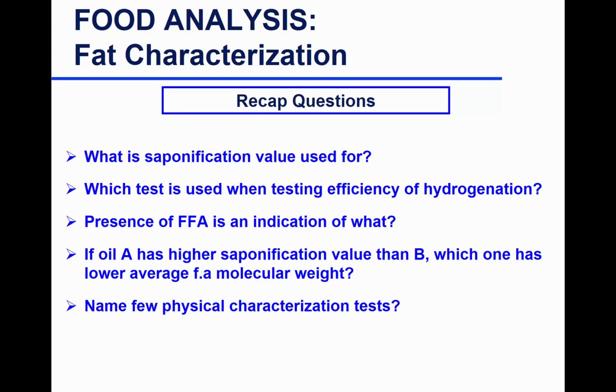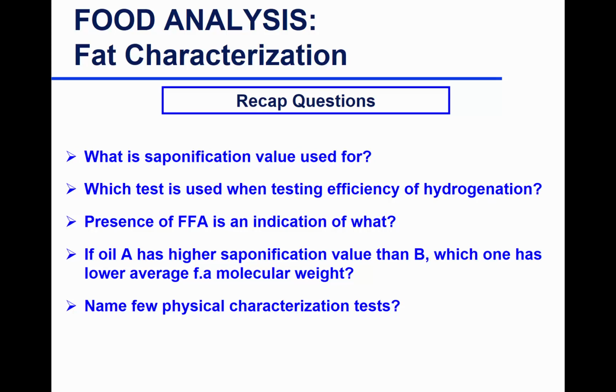Lynn. It's a way to measure the molecular weight of triglyceride, and specifically the average molecular weight of the fatty acid in your triglycerides. And it's also unique for every oil, so it's kind of an identification method.